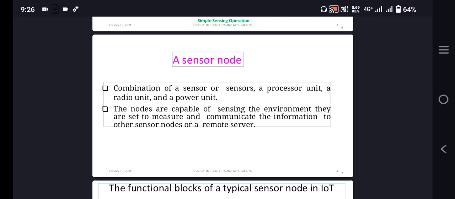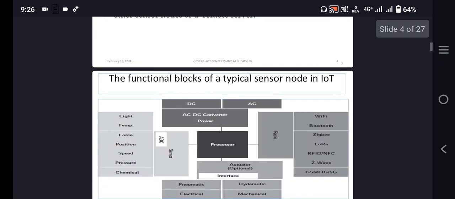What is meant by a sensor node? It is a combination of a sensor or sensors, a processing unit, a radio unit, and a power unit. The nodes are capable of sensing the environment. They measure and communicate the information to other sensor nodes or remote servers.